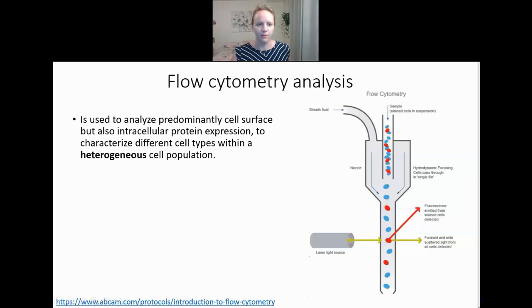I mean, feel free to skip this if you know a lot more about flow cytometry than I probably do, but this is a really basic overview of how flow cytometry works, basically.